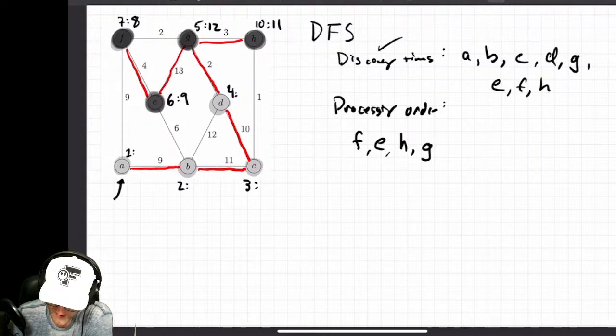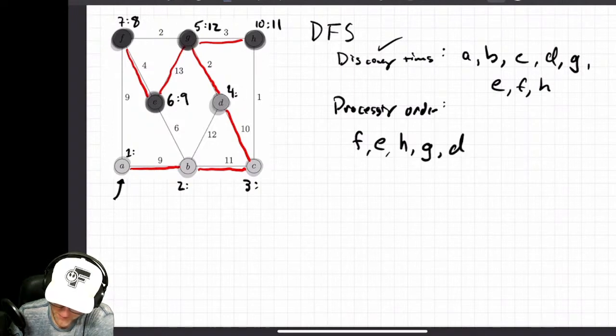Right, and then I backtrack to D because that's where I came from, and its timestamp there is 13. Backtrack to C, B, and then A. So processed, processed, processed, C, B, A.